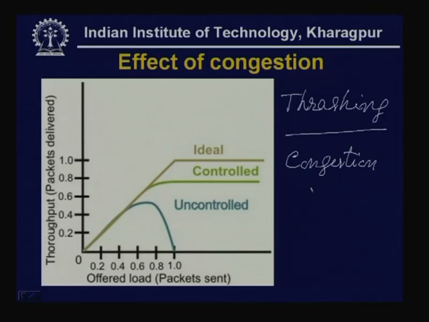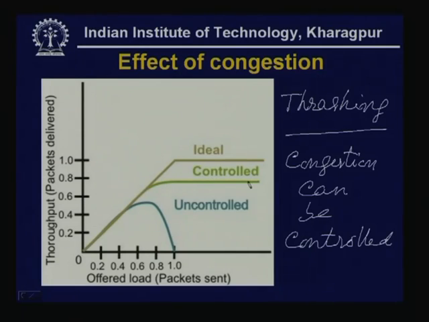Congestion can be controlled, and in such a situation the behavior of the network will be somewhat like this. As you can see, the throughput is less than the ideal curve, because there is some overhead for implementing congestion control.